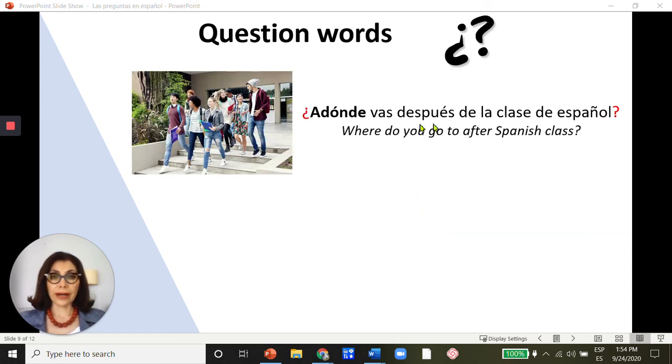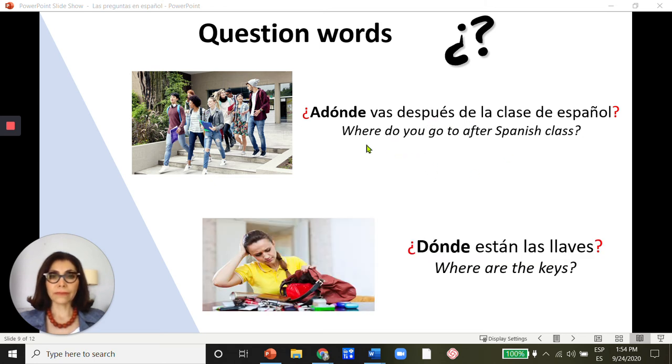¿A dónde vas después de la clase de español? Let's compare these two, a dónde and dónde. ¿Dónde están las llaves? Whenever we are looking for something or someone, we say dónde. ¿Dónde está Juan?